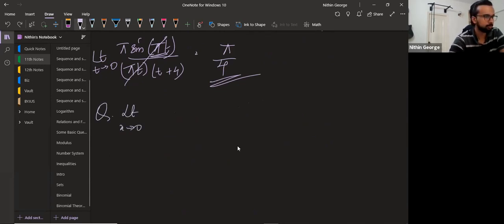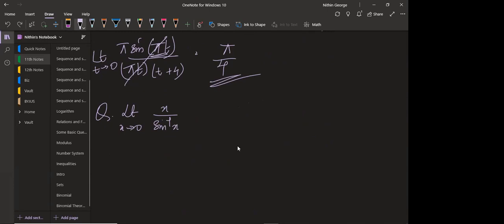Limit x tends to 0, x by sine inverse x. All right. What do we do here?